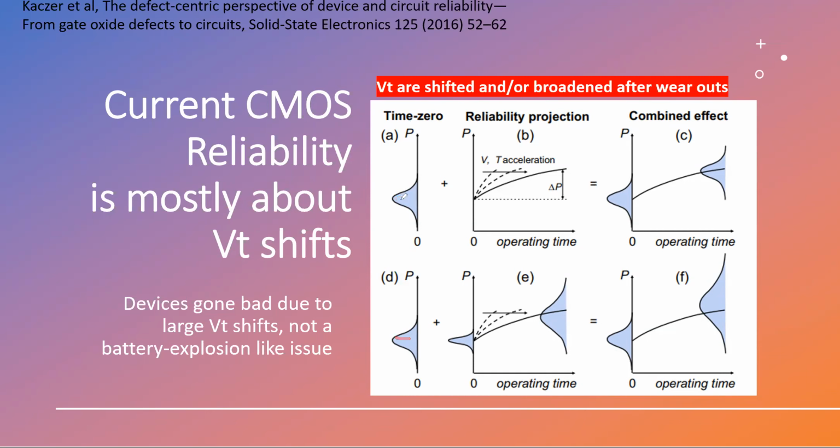And then if it operates for a couple of years, it drifts. It drifts up or broadens, but overall it drifted up, say, by more than 50 millivolts. If it's 50, then you are in trouble. The reason is that the VT range of CMOS is very small, only say 100 millivolts, and that's the range you could work in. If you are at, say, 50, then it's half of it, and the device will be doomed.